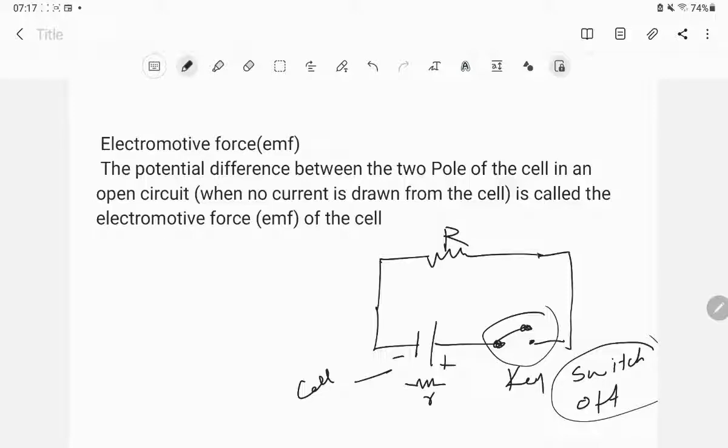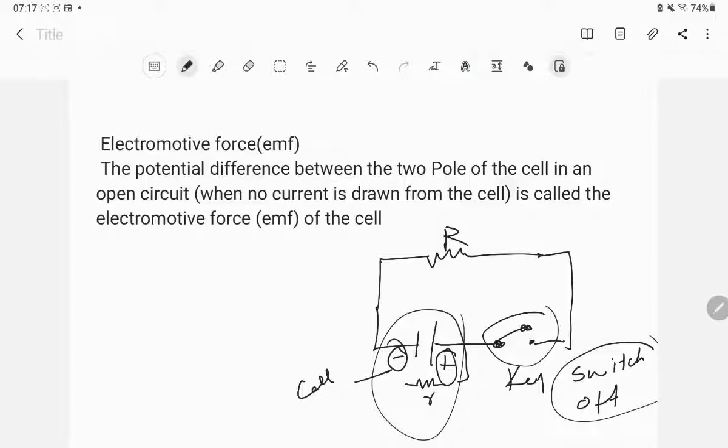Then the potential difference when the cell is not on, that means we are not using this cell. So at that time, what is the potential difference between the two poles? This pole negative, positive, there is a potential difference, right?